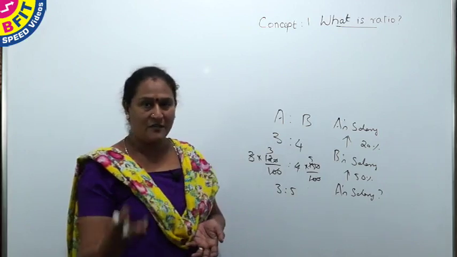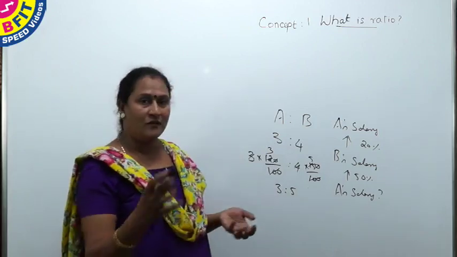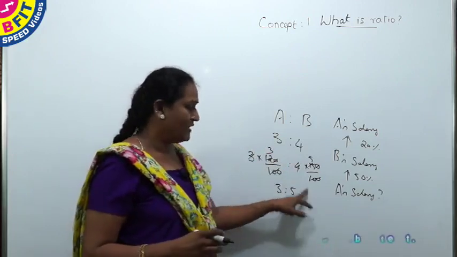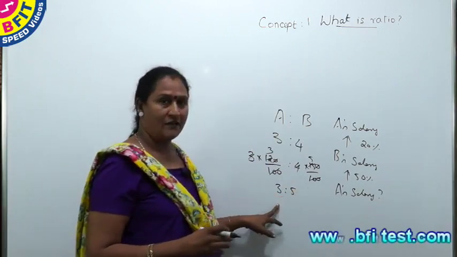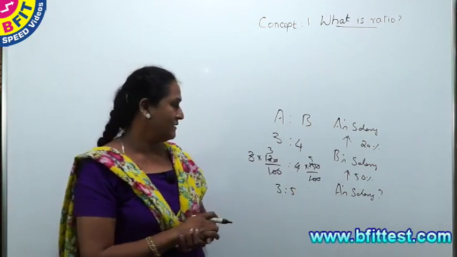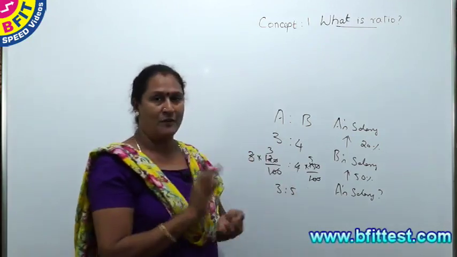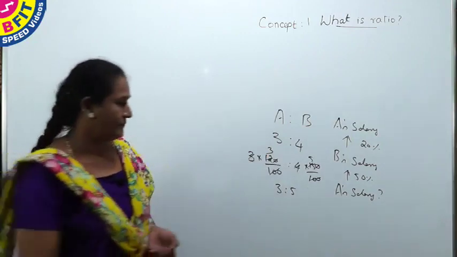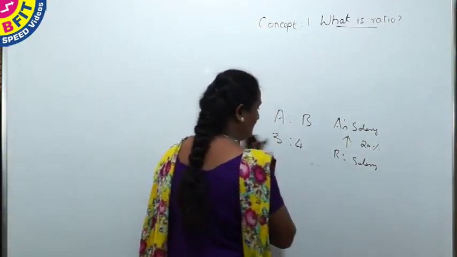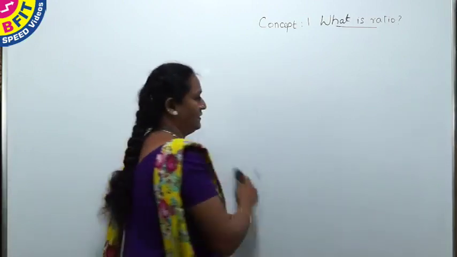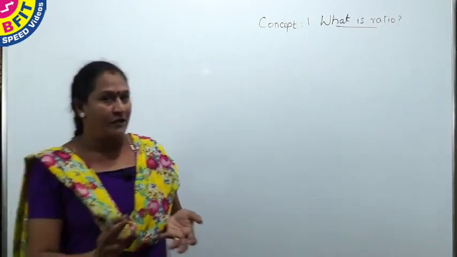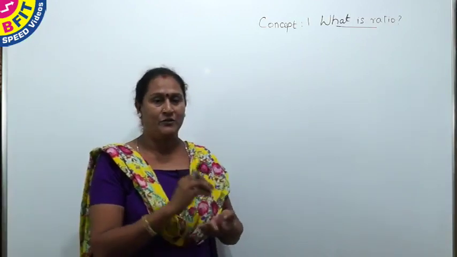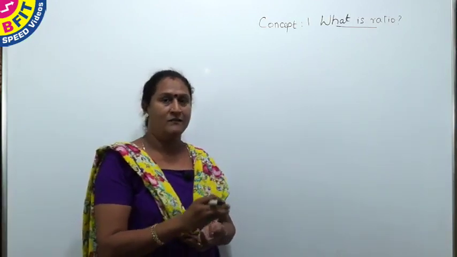If they ask for the percentage, then you can work out the percentage, like if B's percentage is asked, B is 5 parts out of 8 and you can work out the percentage. So we saw what a ratio is, why we use it and what format the ratio should be in, and now we'll see the other concepts.